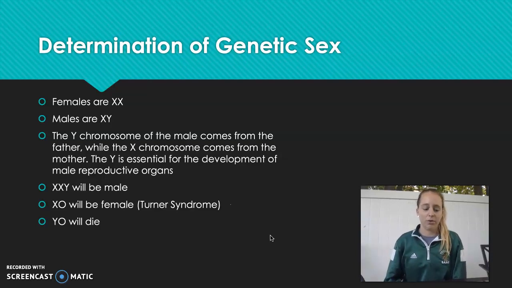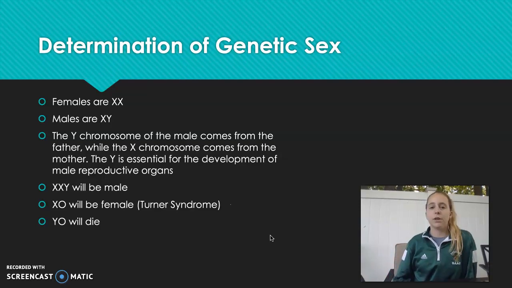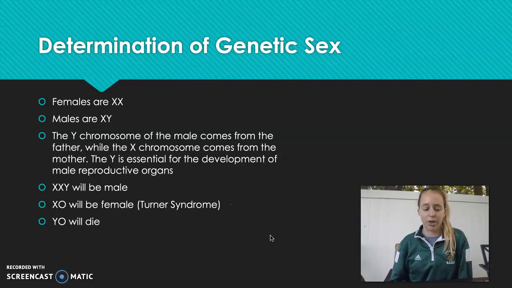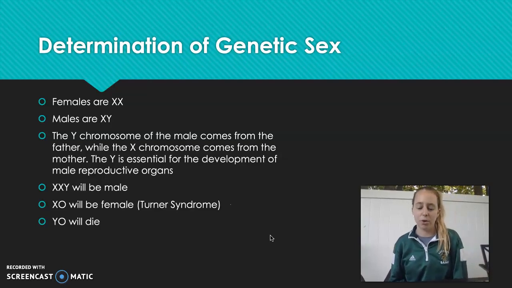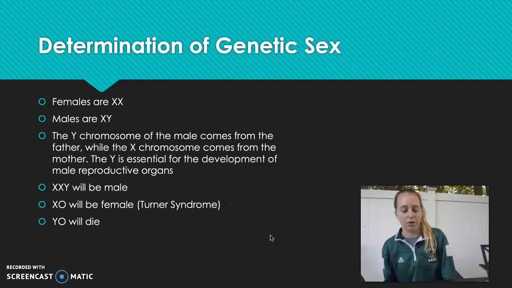However, it is possible for chromosomes to be unevenly distributed. For example, if there is a zygote with the chromosomes XXY, that zygote will be male because of the presence of the Y chromosome. A zygote that only has a Y chromosome and no X will not survive because the X chromosome contains crucial genes that cannot be found in the Y chromosome.